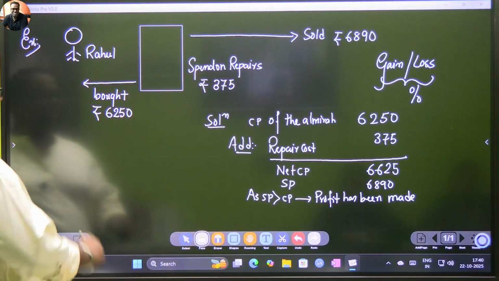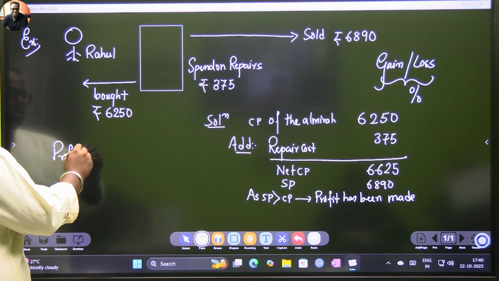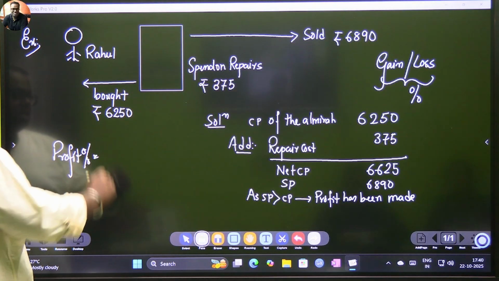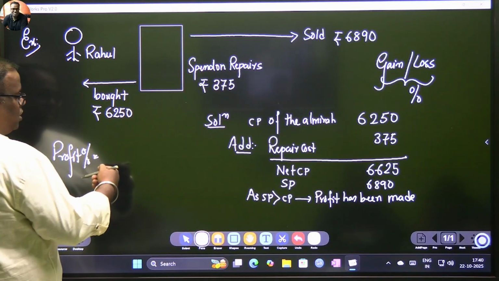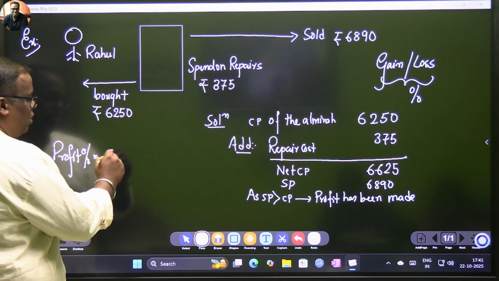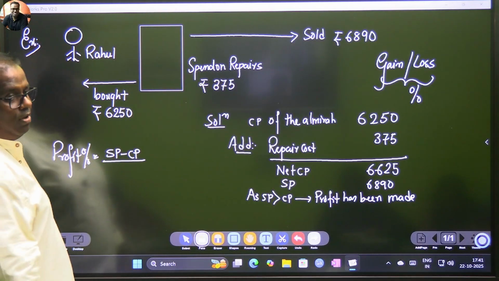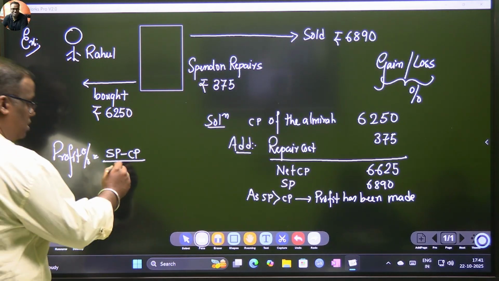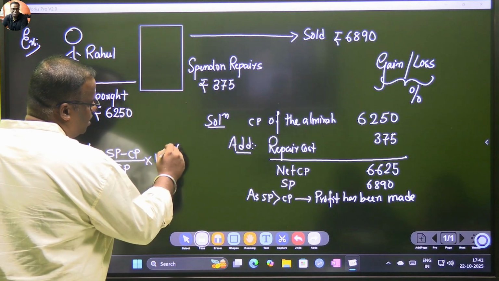Profit percent. Remember, it always has change percentage. The change should always be positive. So to get this positive, since the selling price is more, we'll write SP minus CP divided by the original value. What is the original value? The CP, multiplied by 100, and then the answer will come in percent.